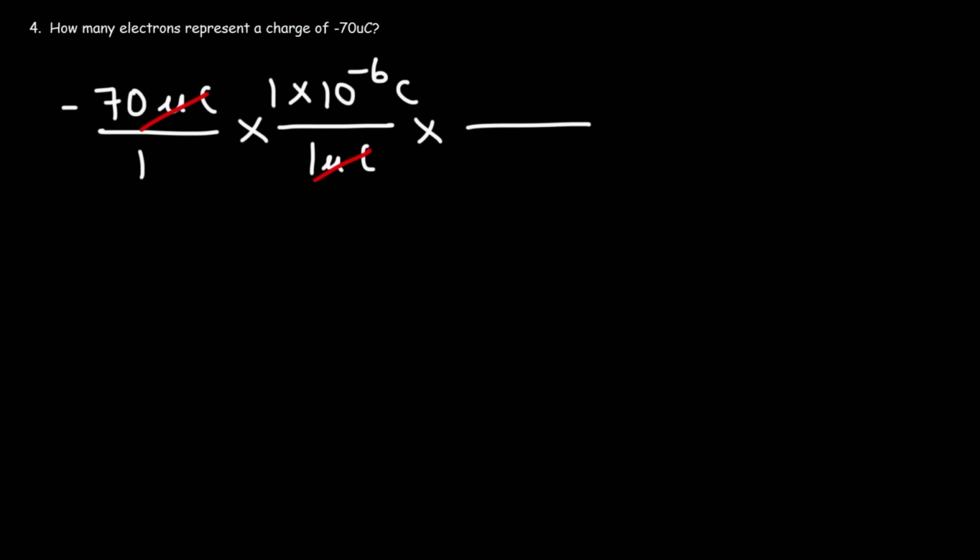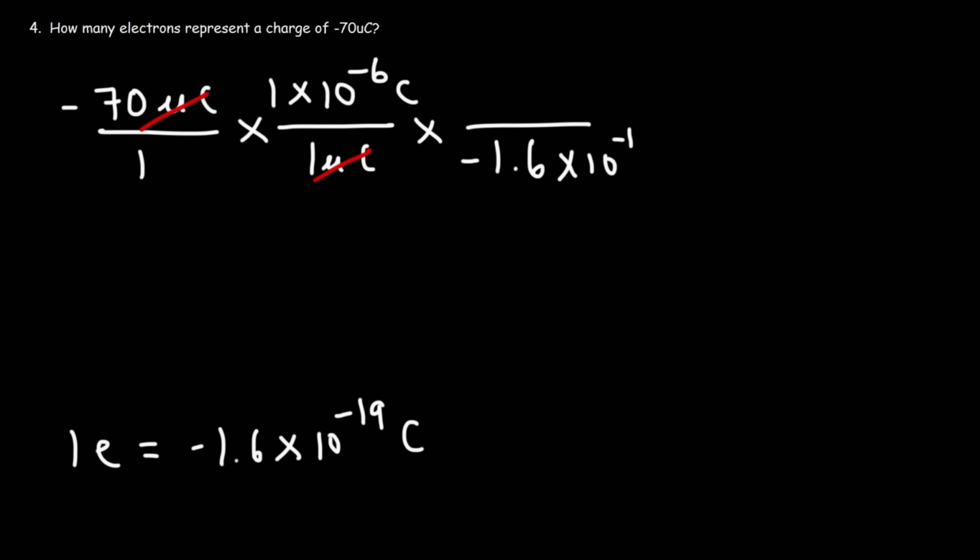Now we have the conversion factor between number of electrons and electric charge. Keep in mind, 1 electron has an electric charge of negative 1.6 times 10 to the negative 19 coulombs. It's really negative 1.602, but if you round it to negative 1.6, your answer will still be accurate. So let's put coulombs on the bottom and then 1 electron on top. So now we can cancel the unit coulombs.